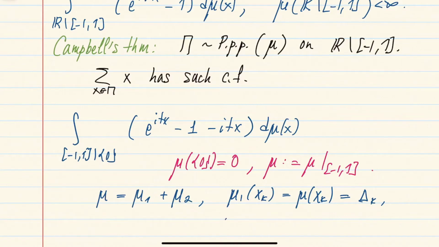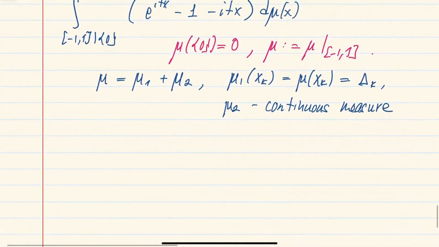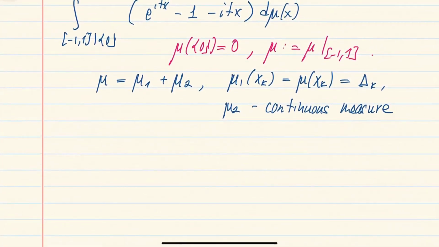And mu2 will be a continuous, or non-atomic, measure on this interval between -1 and 1. And we also decompose the above integral into the two corresponding pieces.